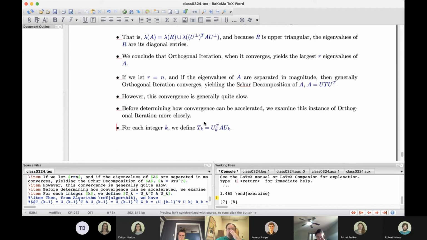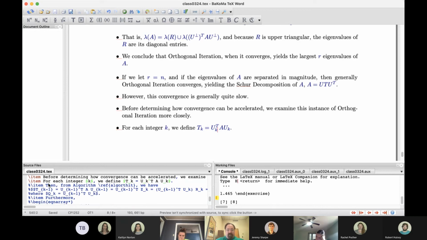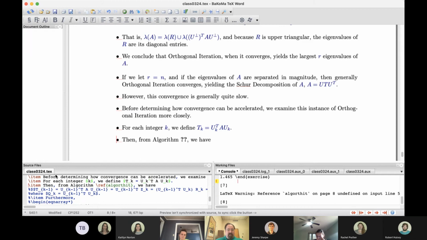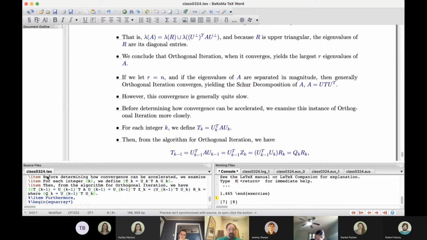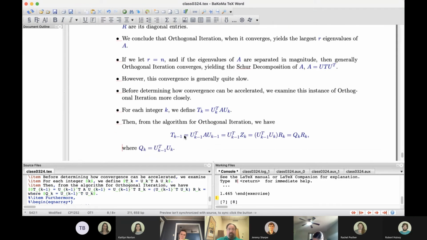So what I do is I define T_k as follows: U_k transpose A U_k. From the algorithm for orthogonal iteration, here's what we get. T_{k-1} is from this; I'm just using a definition where I've shifted the indices down.